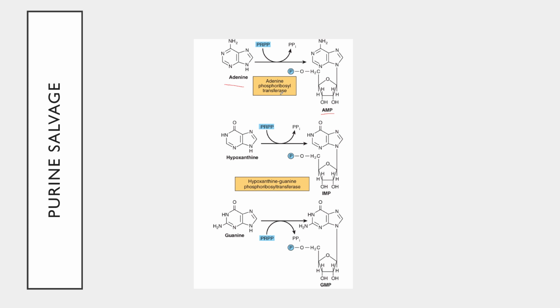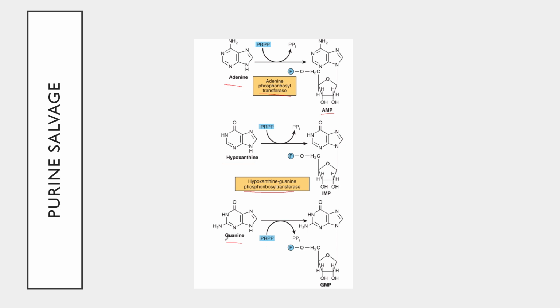The first is adenine phosphoribosyl transferase, and the second is hypoxanthine guanine phosphoribosyl transferase. And this enzyme is responsible for the reactions with both hypoxanthine and guanine to generate our nucleotide monophosphates. So in all cases, these enzymes will recombine our free base with our activated sugar PRPP.